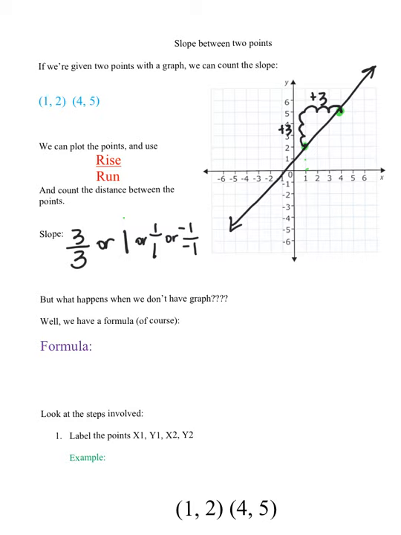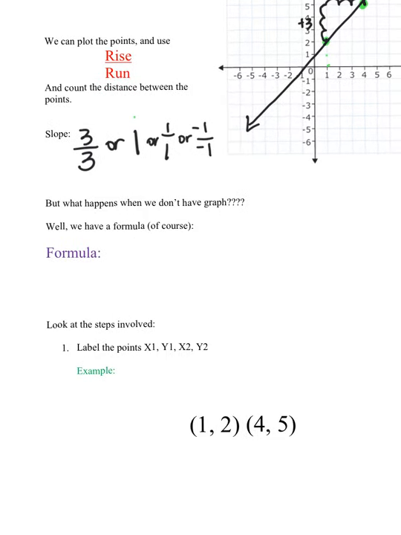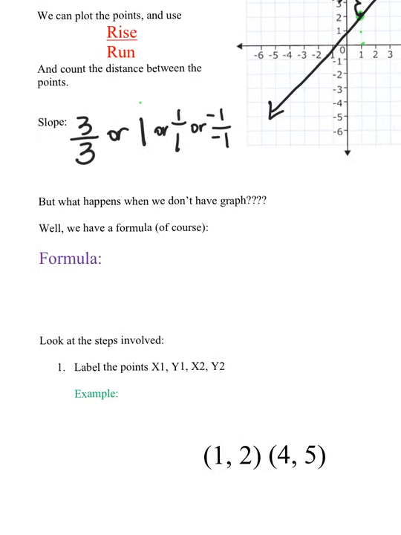But what happens when we don't have a graph? Well, no worries. We have a formula. And the formula to find the slope when we're given 2 points without a graph is y2 minus y1 over x2 minus x1.